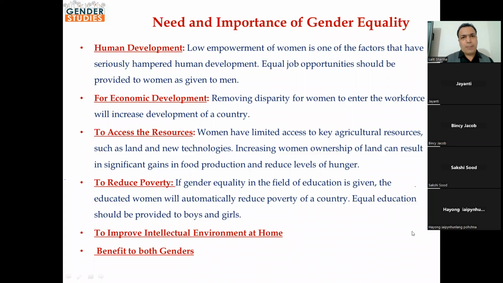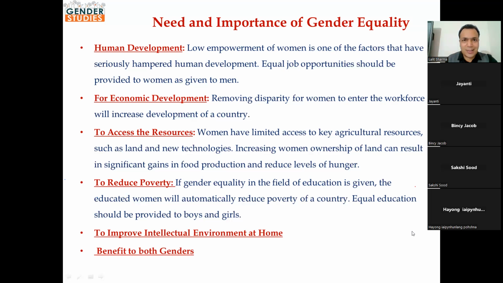To reduce poverty, guys, gender equality can also become a way to reduce poverty, right? If gender equality in the field of education is given, educated women will automatically reduce the poverty of a country. Have you noticed what the cause of poverty is?